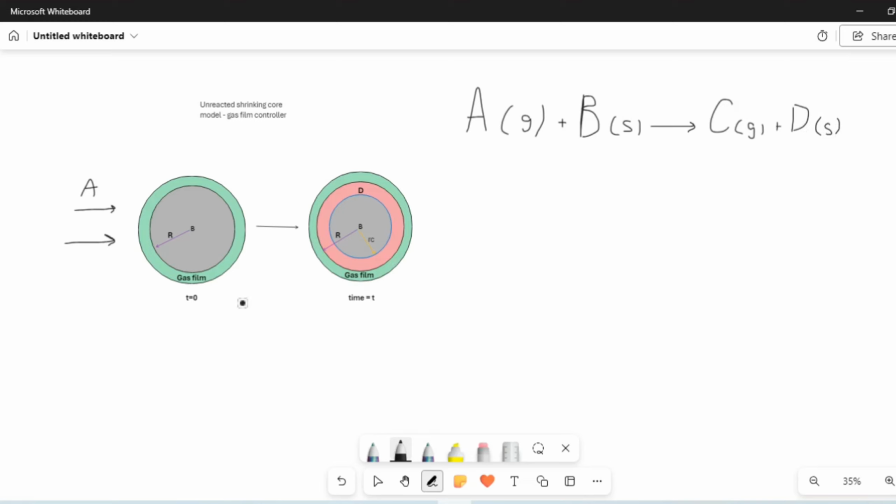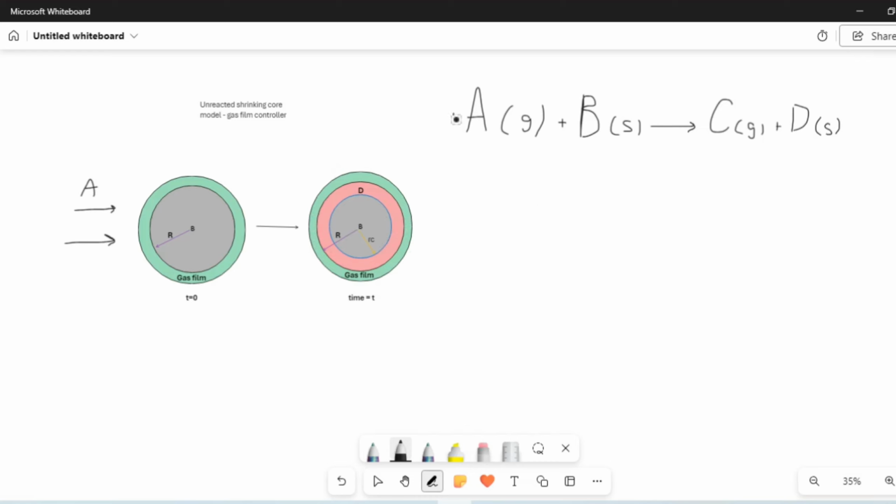Here we have a pellet with a capital R radius that comes into contact with a reducing gas, and after time, by tracking the shrinking radius of pellet B, we can calculate the solid conversion.